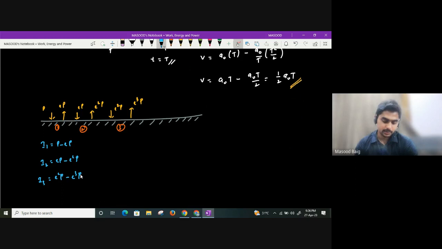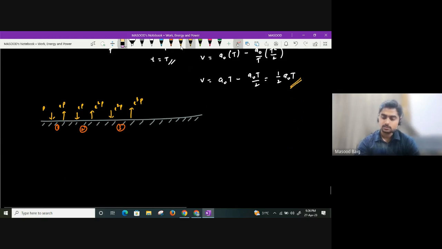So what is happening here? They're asking us the total momentum imparted by the ball to the floor. You can take only these things also. It is going and hitting with P, EP, E square P, and E cube P, and so on.